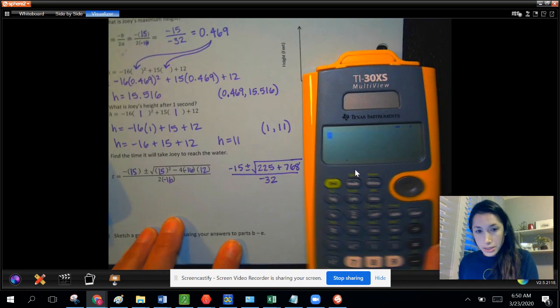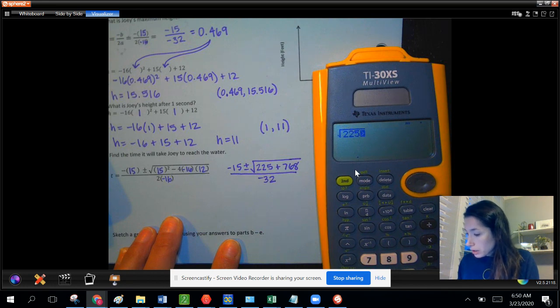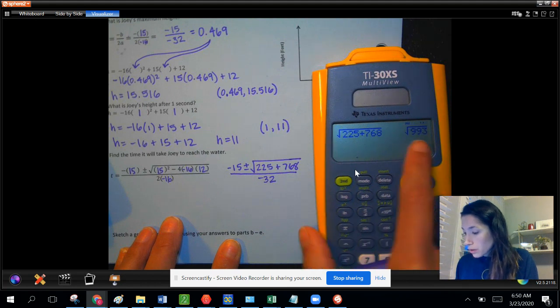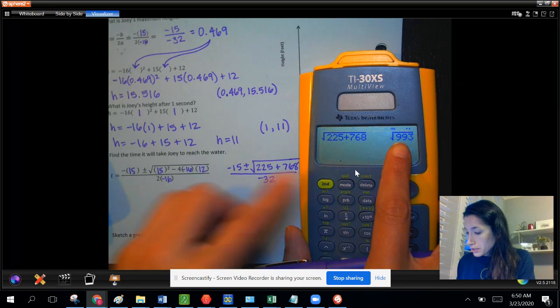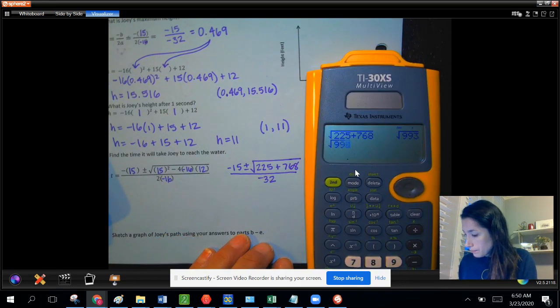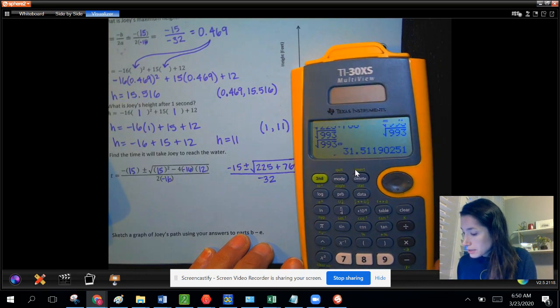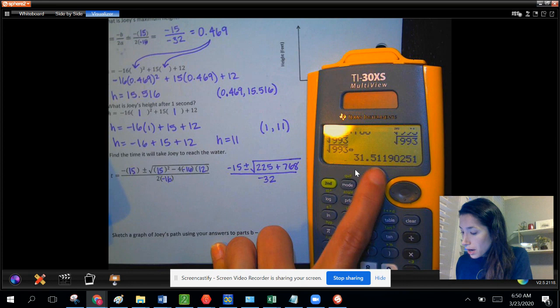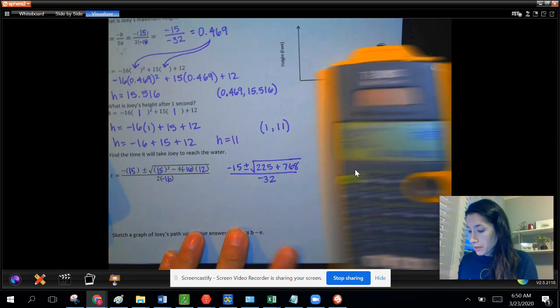I'm going to go ahead and add what's underneath the radical. Let's do square root 225 plus 768. So we get square root 993. Let's just go ahead and get the decimal approximation for that. And that's going to simplify to 31.512.